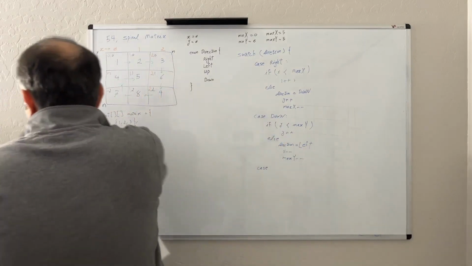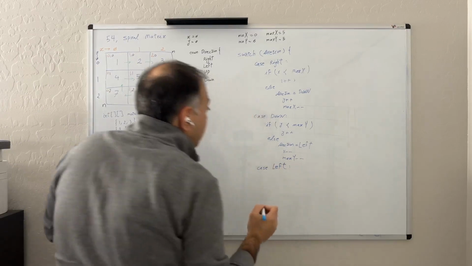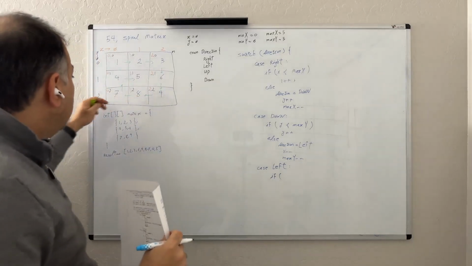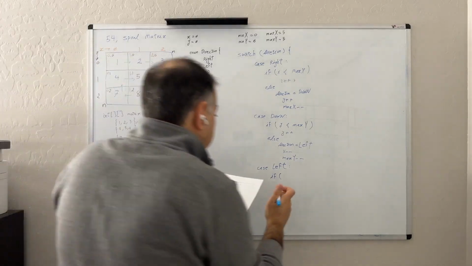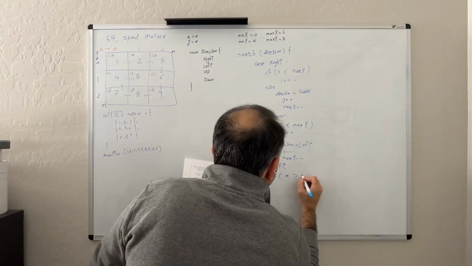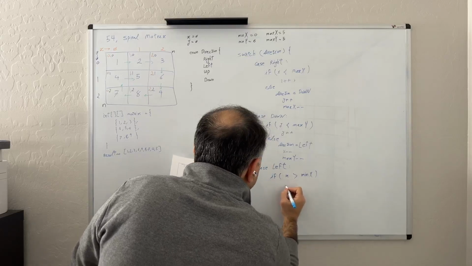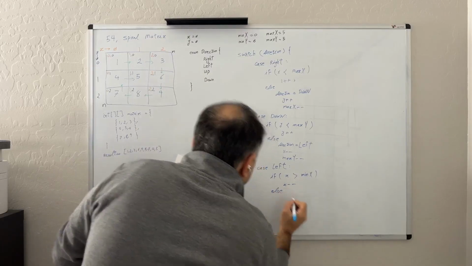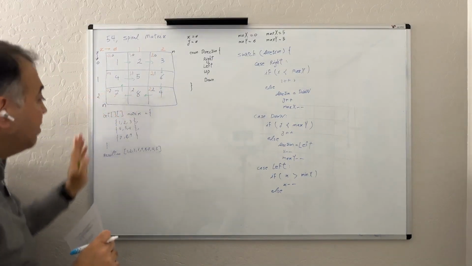Then the next thing is left, because we went left. In this case, when we are going left, we need to decrease the x here. So we need to make sure that x is greater than minimum x. And as long as x is greater than minimum x, I can decrease the x. At the same time, when I get to this element, I need to change the direction to go up.